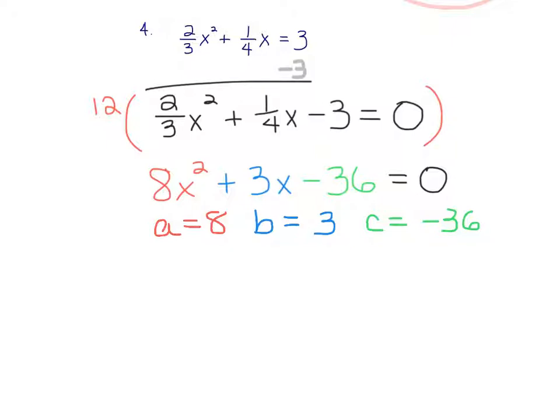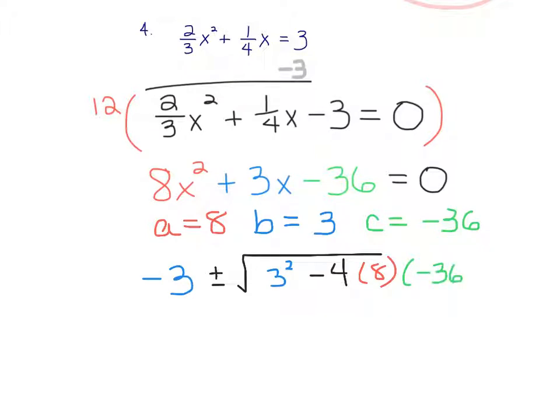So now I'm going to plug in opposite of B plus or minus the square root of B squared minus 4 times A times C, all divided by 2 times A.